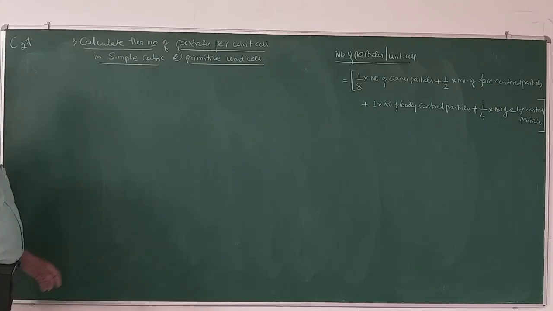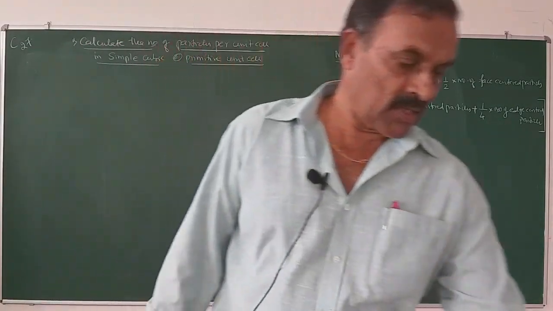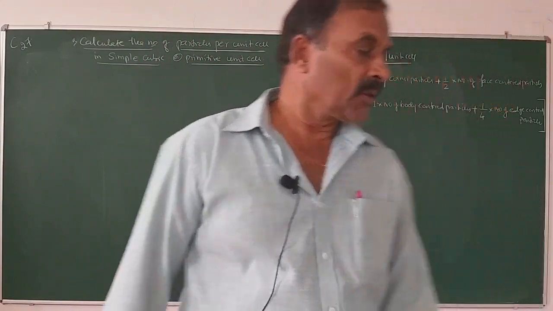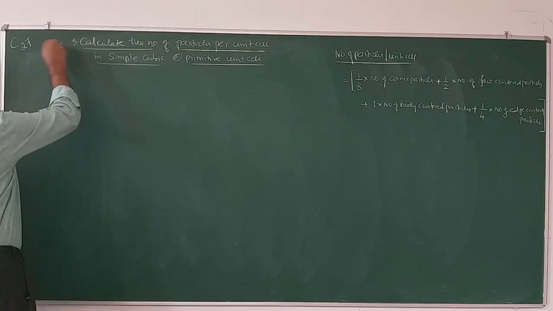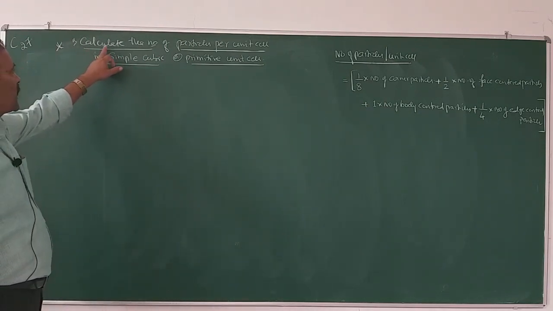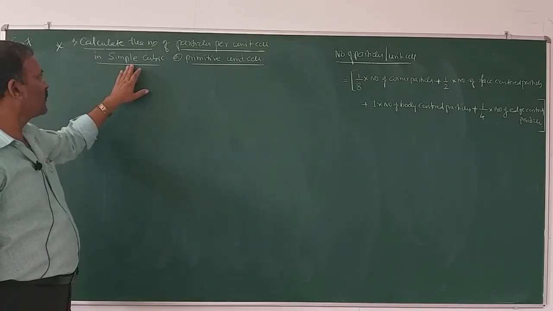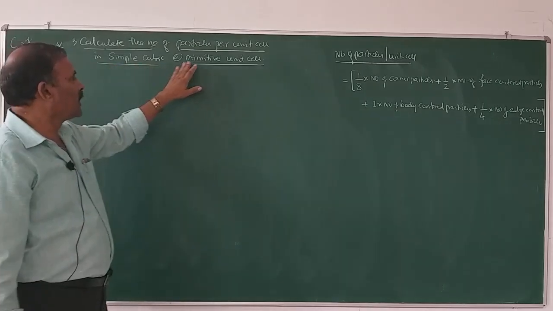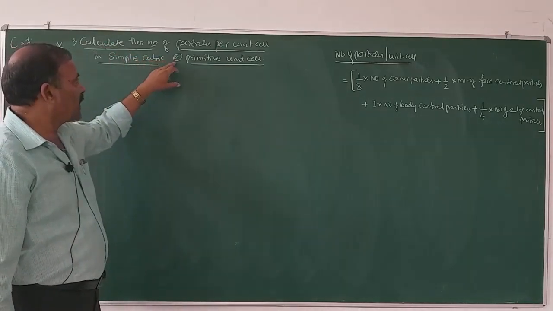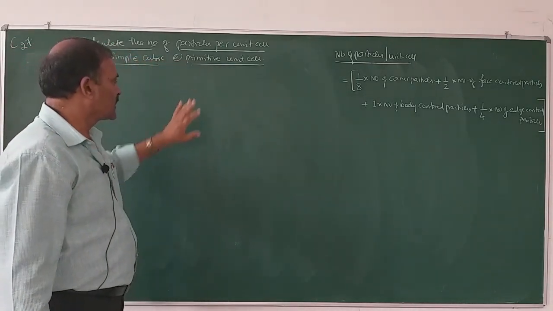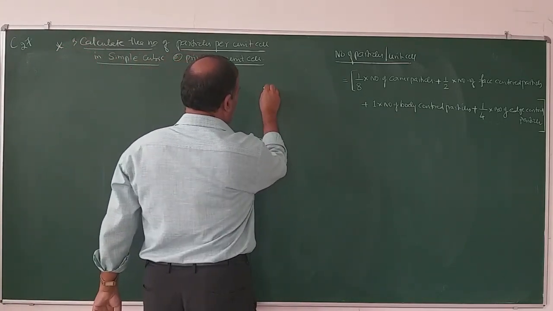So next we will calculate the number of particles in some simple unit cells. First, we will see these, as they are all very important. Calculate the number of particles per unit cell in simple cubic or primitive unit cell. Simple cubic unit cell and primitive unit cell are one and the same. So what is a simple or primitive unit cell?